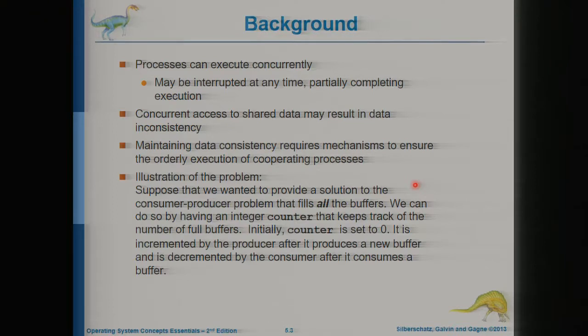Okay. So processes can execute concurrently. I have already told you that one or more processes are executing simultaneously in the system, either through a multi-processor system or a single processor system. During this, there can be some shared data or files which are used by two or more processes simultaneously.